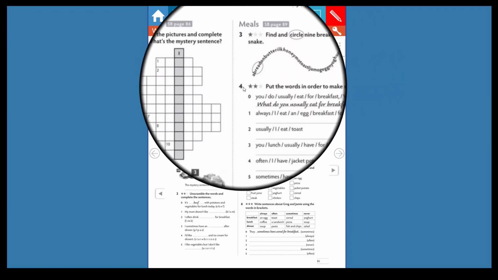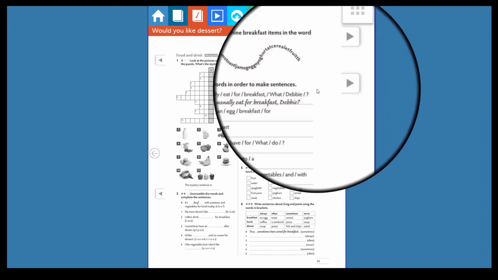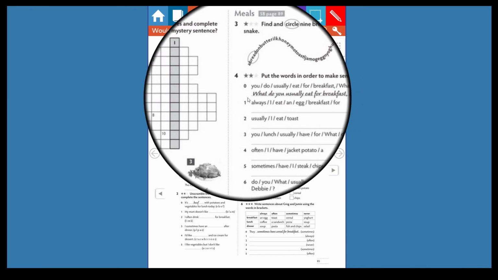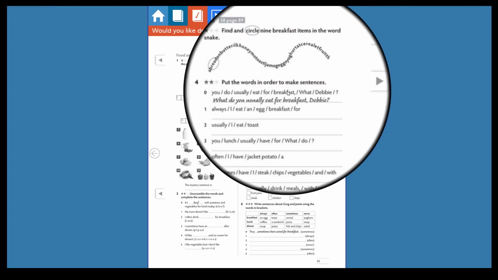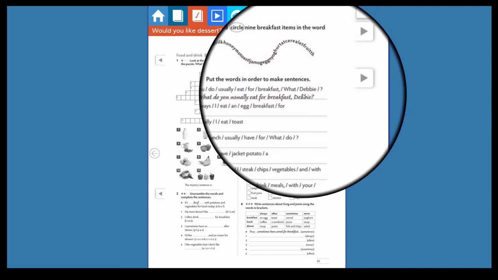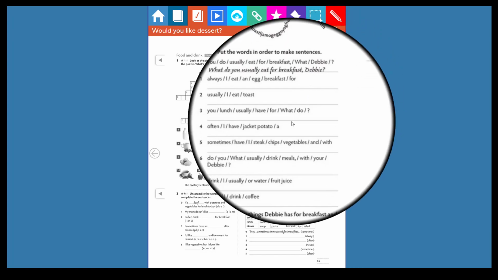And number 4, put the words in order to make sentences. So here we have different words, and the idea is that you order the words to form questions or sentences. La idea es que ustedes ordenen las palabras para crear preguntas o oraciones relacionadas a las comidas y todo eso. Okay? Very good.